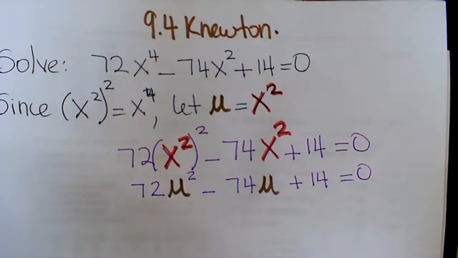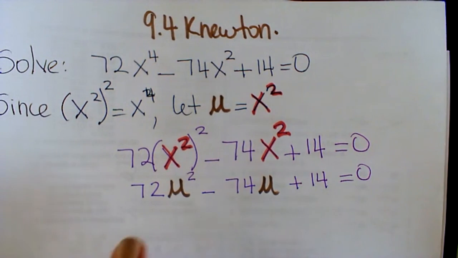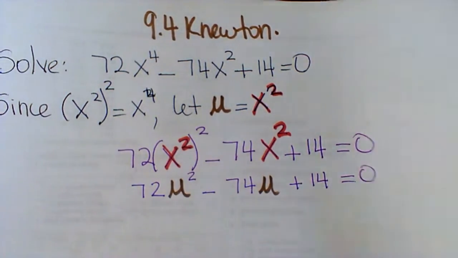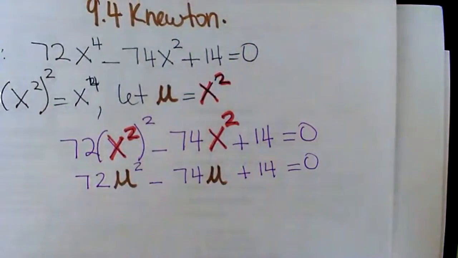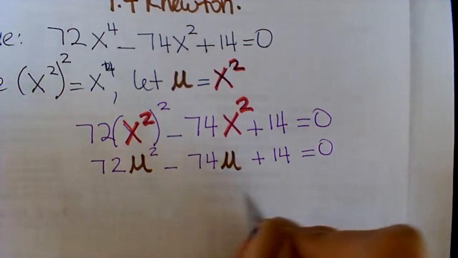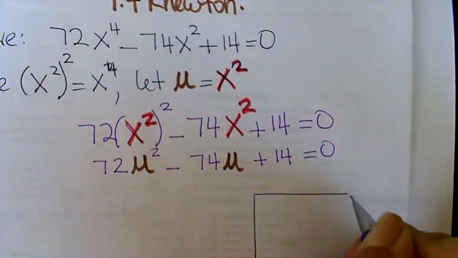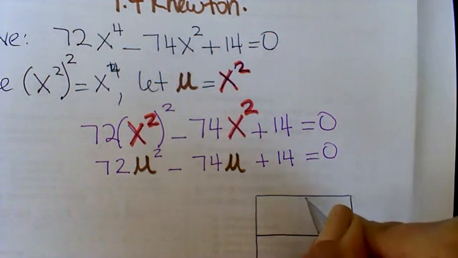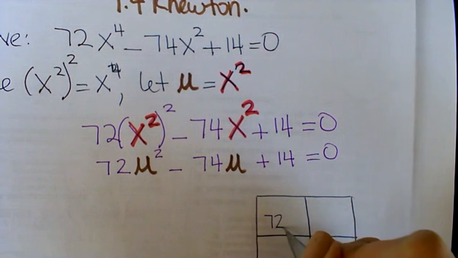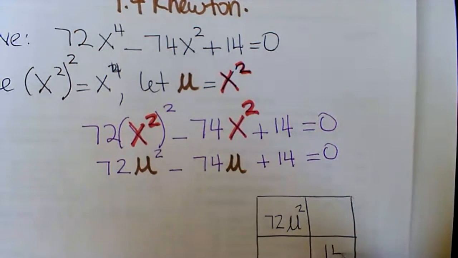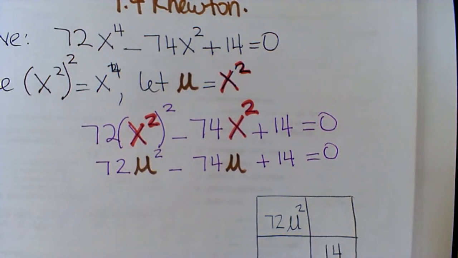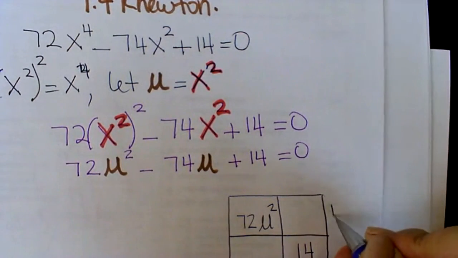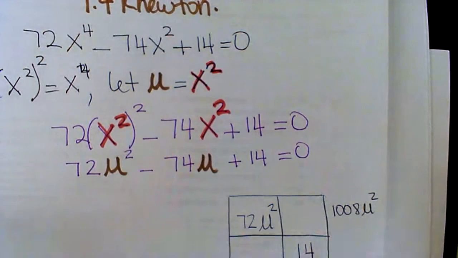So now we just have to solve this one. So let's solve it. 72u squared and 14. 72 times 14. Oh my goodness, I got 1008.